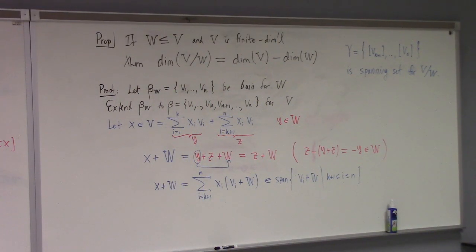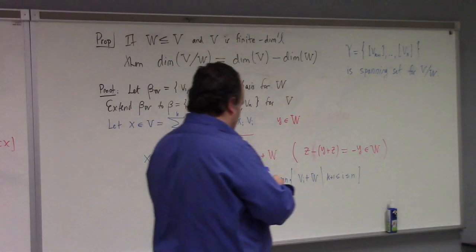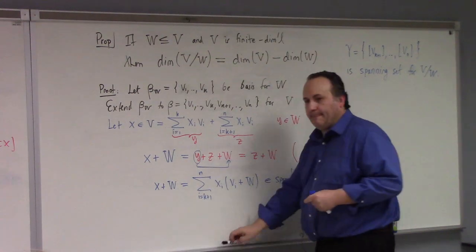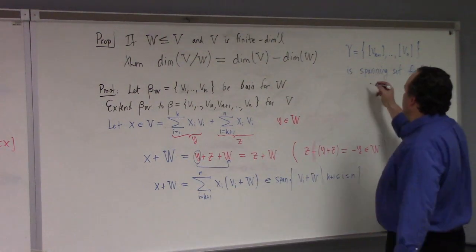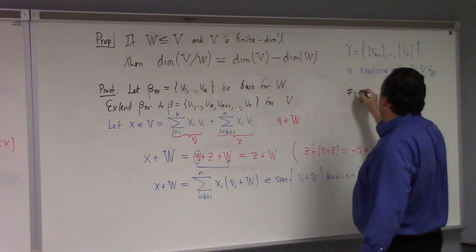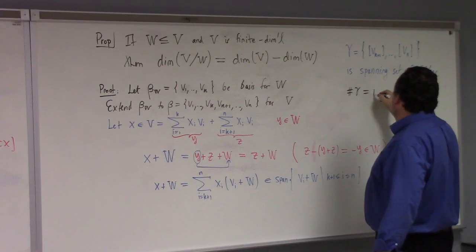What do you guys think? Is it a basis? I mean, I sure hope it is, because that's what the proposition needs, right? If that's a basis, how many things are in here? So notice that the number of things in gamma is n minus k.